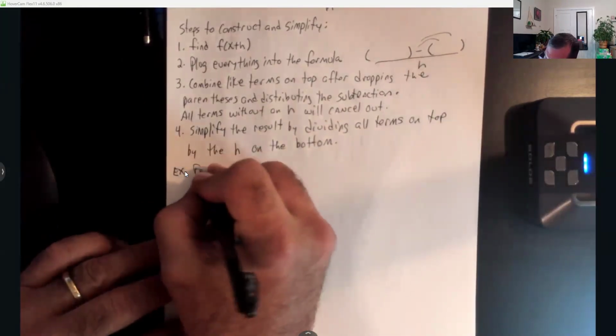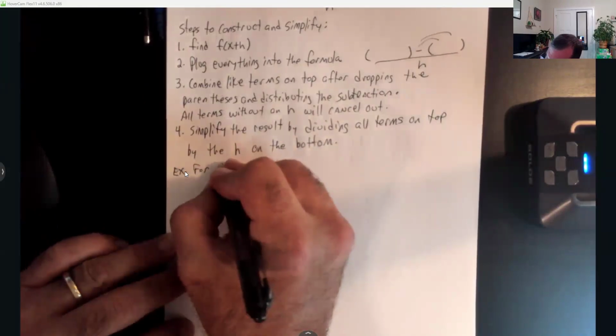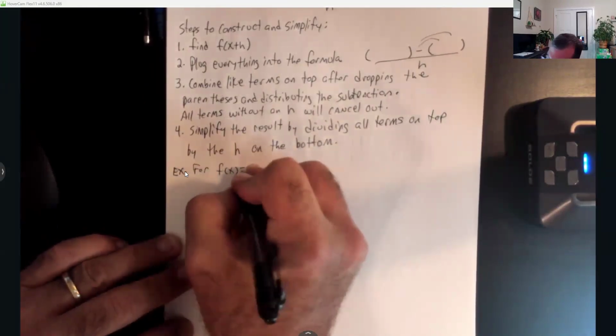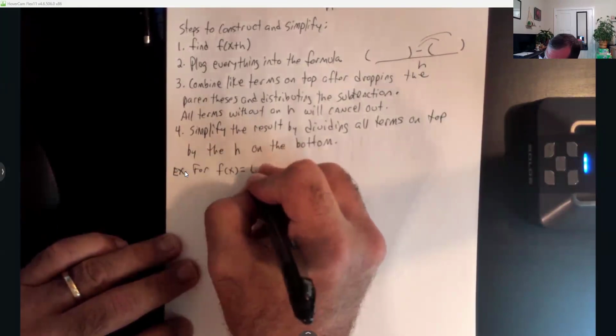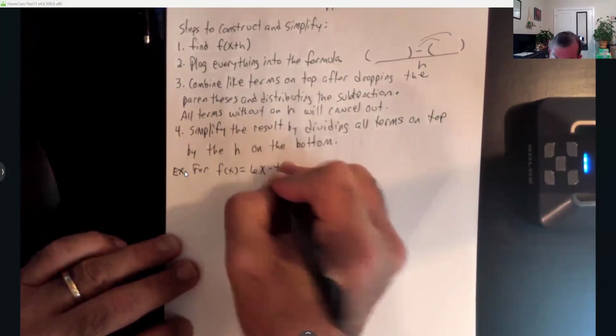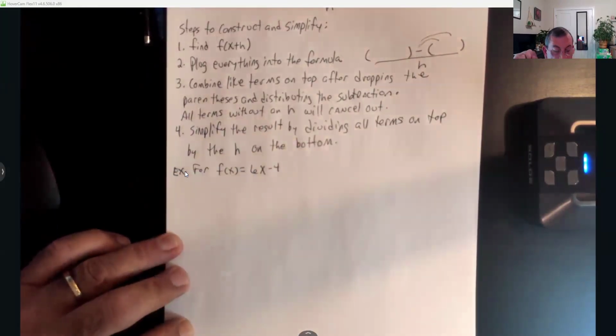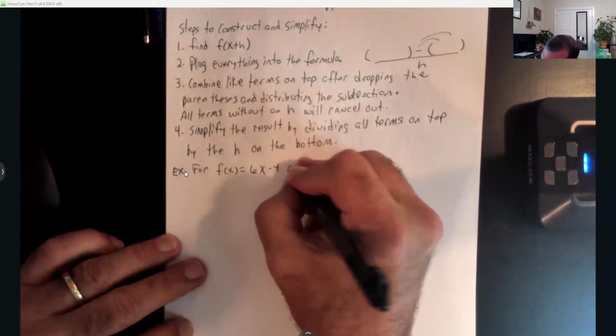So for f of x equals 6x minus 4, we're going to construct and simplify the difference quotient.